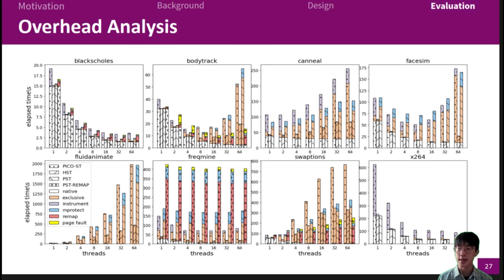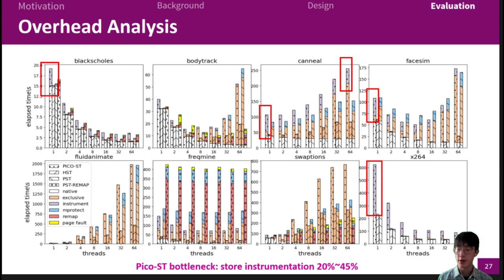We here try to locate the bottleneck of each solution. The x-axis is the thread number and the y-axis is the execution time. The first bar from the left is the time consumption of PICO-ST, and its overhead includes instrumentation overhead and synchronization overhead. The figure shows that the major overhead of PICO-ST is the store instrumentation overhead.